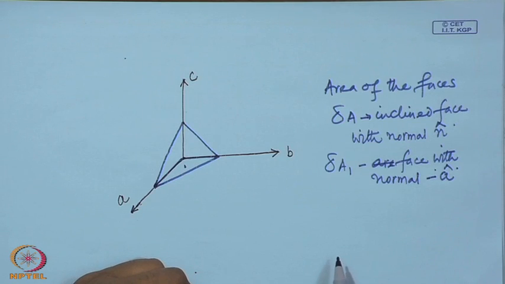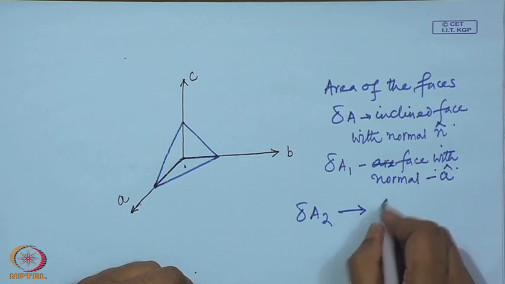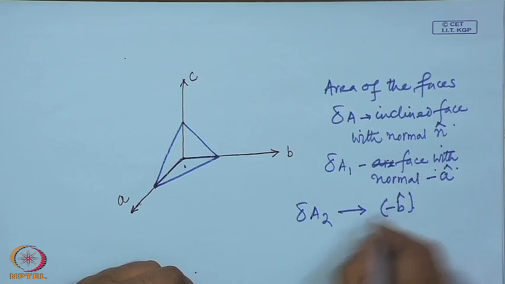So, the normal is actually minus A. Similarly, delta A2 corresponds to minus B and delta A3 to minus C.